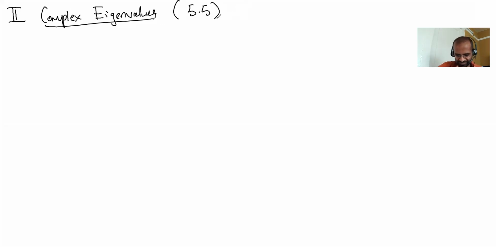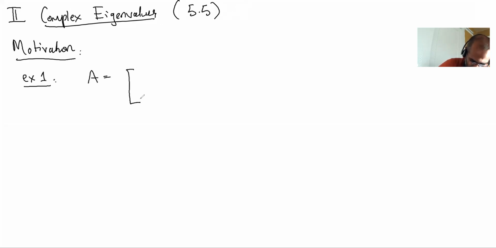Now, the motivation for doing this is that not all matrices are diagonalizable, right? So let's look at some examples. Example 1, let's look at this matrix. Rotation by 90 degrees. Its characteristic polynomial is t squared plus 1.